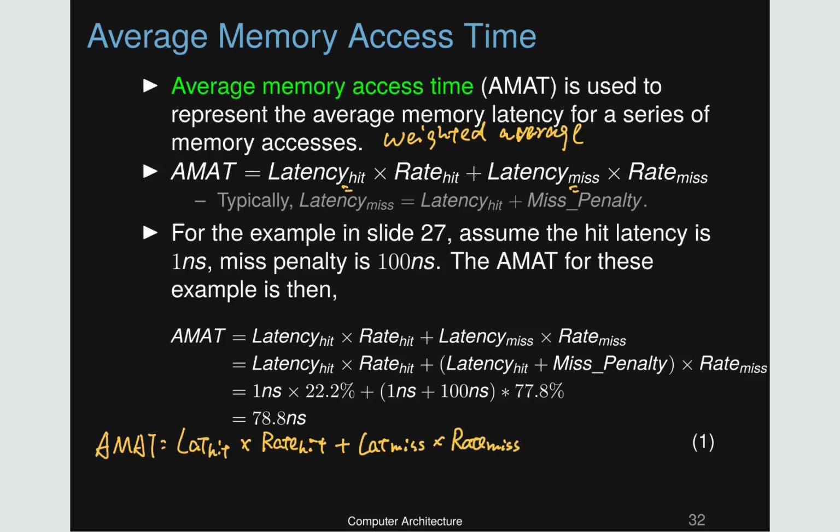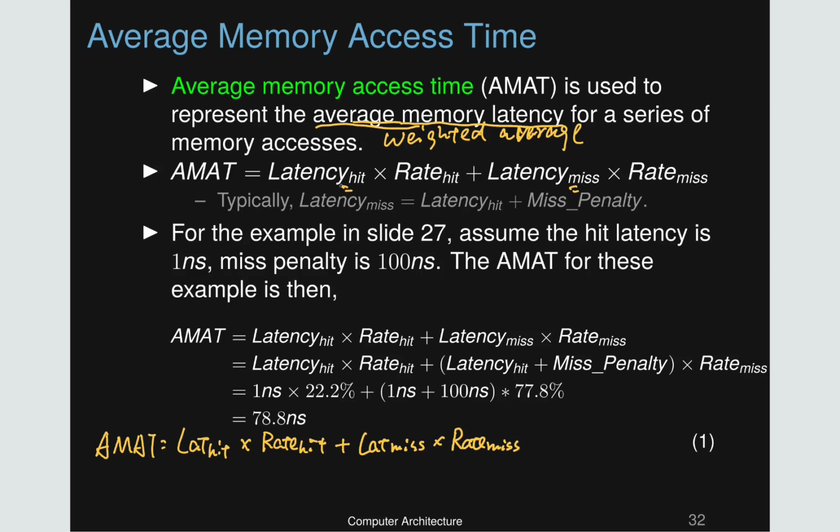So we sum them together, and it gives us the average memory latency for accessing a series of memory accesses, or the weighted average time that it takes to do a memory access in the CPU.